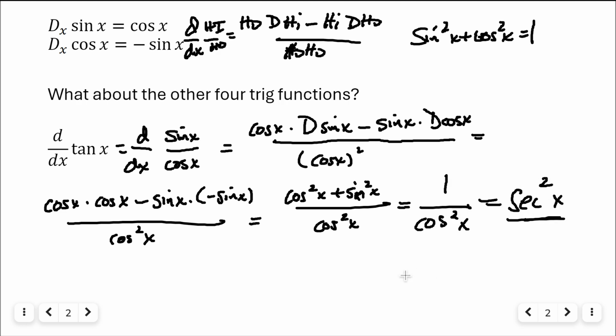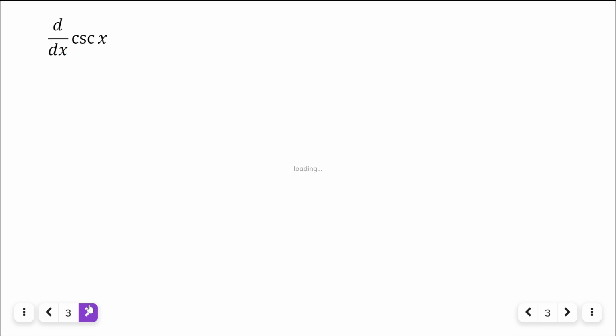And that's the derivative of tangent. So the derivative with respect to x of tangent is secant squared. That's the correct answer. That's where it comes from. It's not magic. I don't have a magic wand here, making these things magically appear. They all come from somewhere. All right, there's your derivative for tangent.